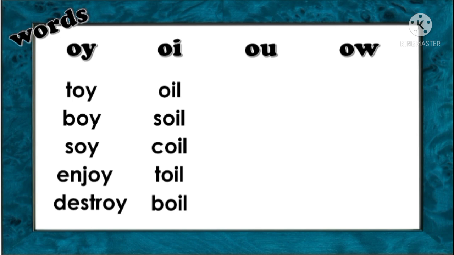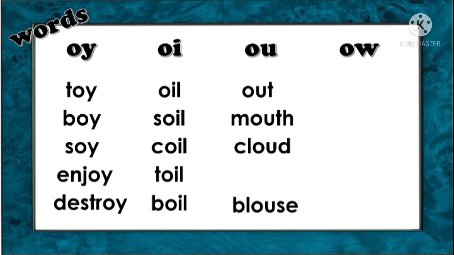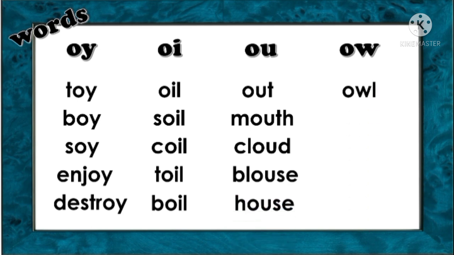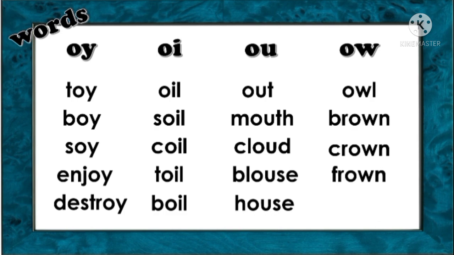Words with OU that have the OW sound: out, mouth, cloud, blouse, house. Words with OW sounds as in owl: owl, brown, crown, frown, town.